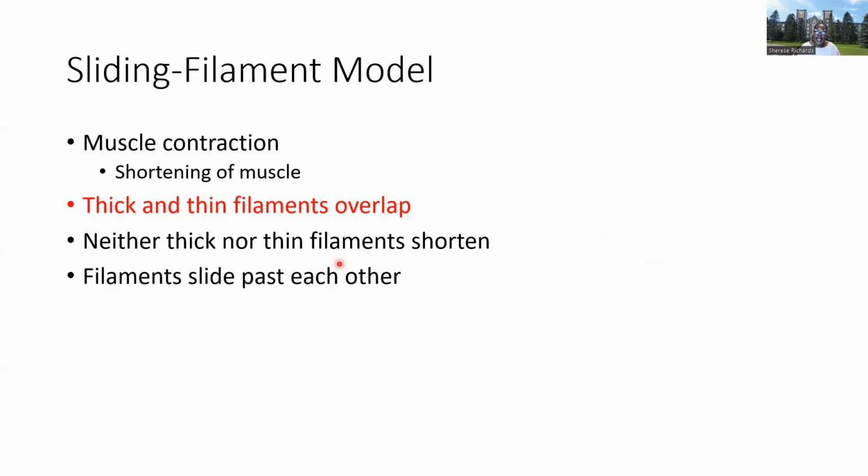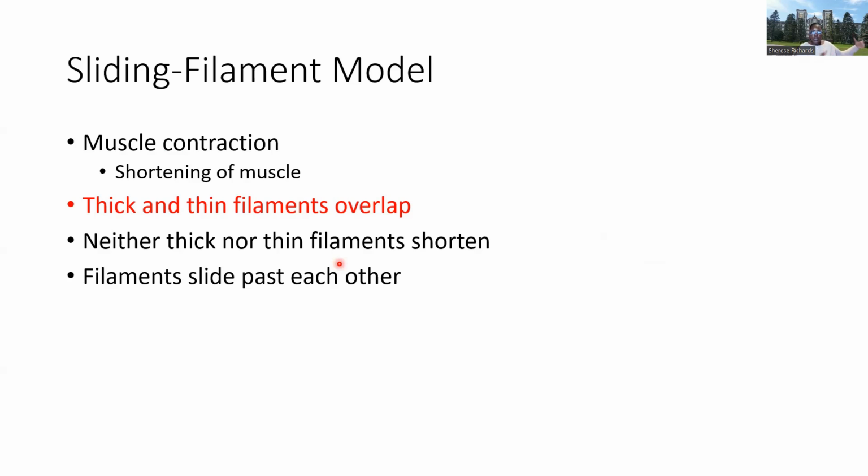What's happening is myosin is going to make contact with actin, and then myosin is going to drag the actin closer to the center of the sarcomere. So the filaments are really sliding past each other, or being dragged past each other rather, instead of actually shortening on their own. The shortening is happening on the level of the muscle.